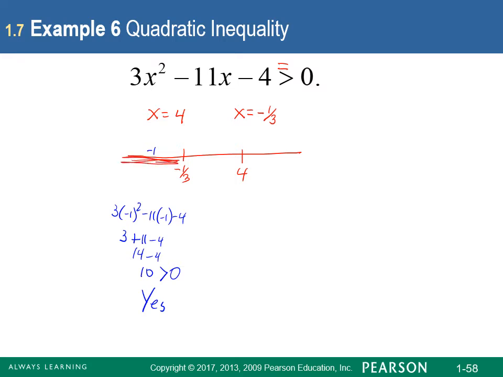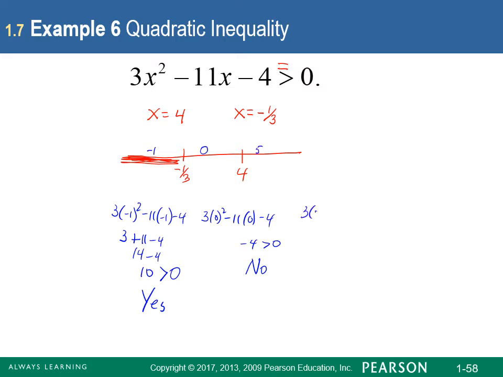We will shade here. We need to test a number in between negative 1/3 and 4. As in the previous problem, you know I like using zeros because the calculation is real easy to do. That comes out negative 4. However, that is not true. Negative 4 is not bigger than 0. So let's try a number to the right of 4, such as 5.